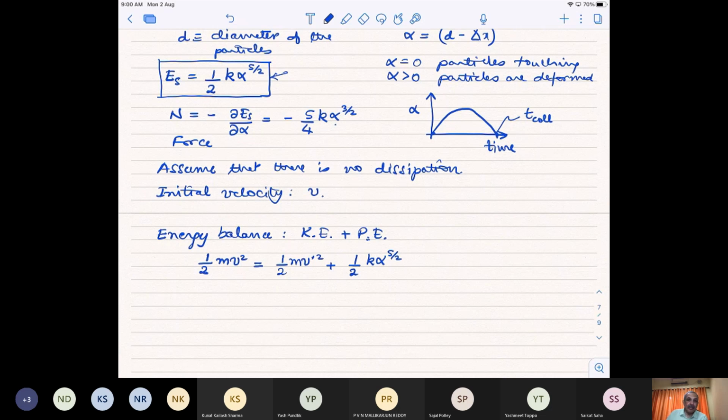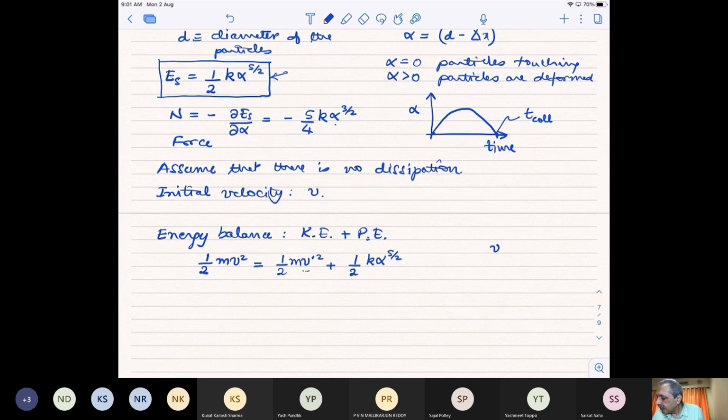Kinetic energy plus potential energy must remain constant. Initially alpha is 0, so there is no potential energy. Later there is potential energy. Now how do we get this quantity v prime? Well, v prime is related to alpha because we know that as the particles move, at any given time, alpha will change.